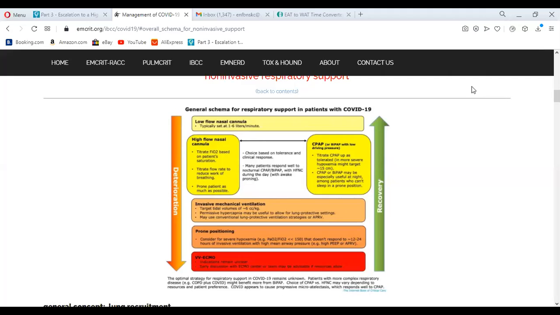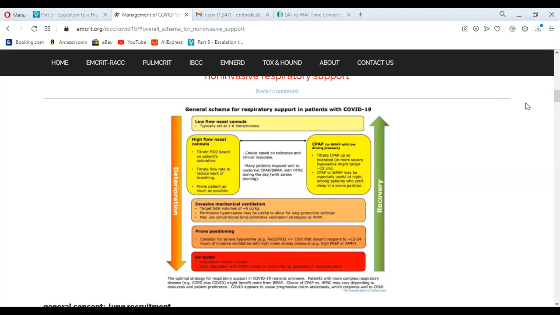Other things that can be employed, if you have the facility available, is venous ECMO, which is extracorporeal membrane oxygenation, which is usually the last resort after you have used low flow, high flow oxygen administration devices. You have moved to non-invasive therapy.